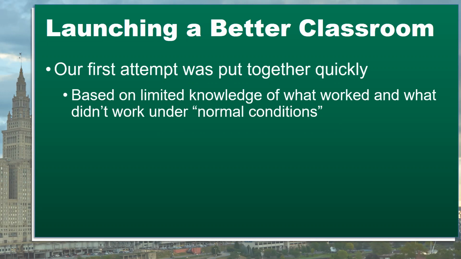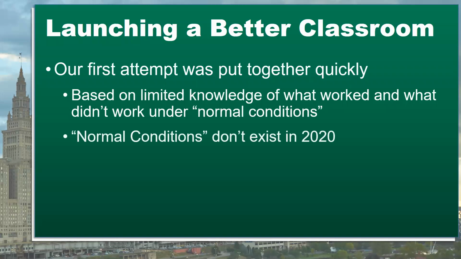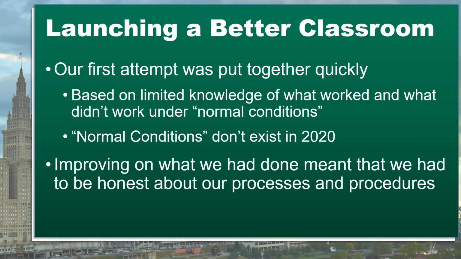We knew a lot about our students, but we've never experienced a pandemic before. So normal conditions don't really exist in the year 2020, as the last week even has continued to show us. What we had to do was take what we learned over those first few months and use that to improve our processes and procedures, and build a better version of what we wanted to do.